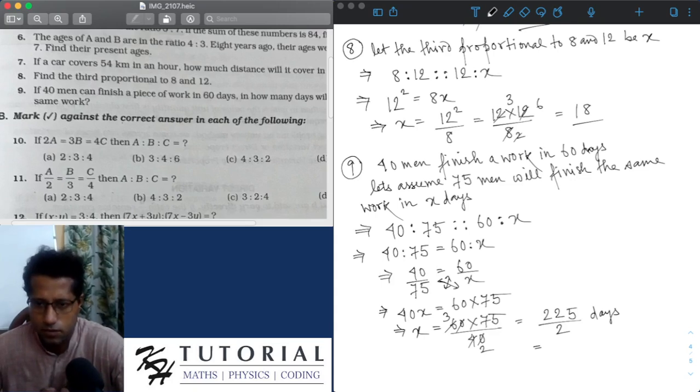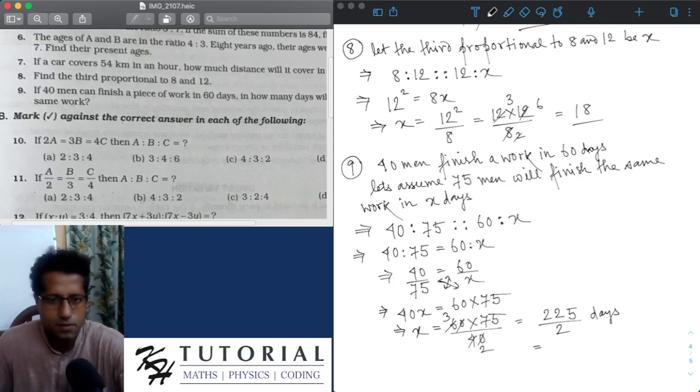So 40 by 75 equals 60 by X, and we have 40X equals 60 into 75. Looks fine. So this is now 225 by 2 days. So this should be the answer.